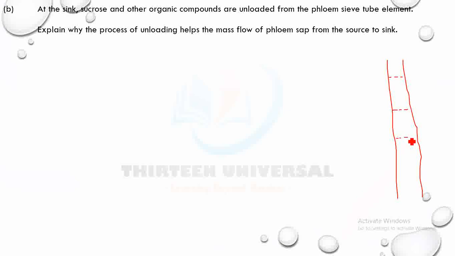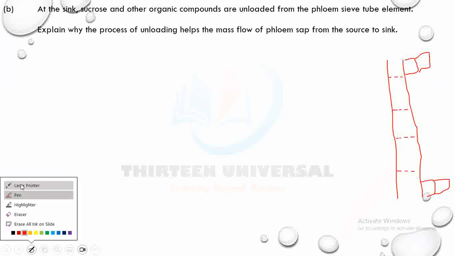You can see this is the companion cell at the source, and this is of course the source cell where sucrose is made. This is the sink cell, and that's the companion cell and then the sink cell.